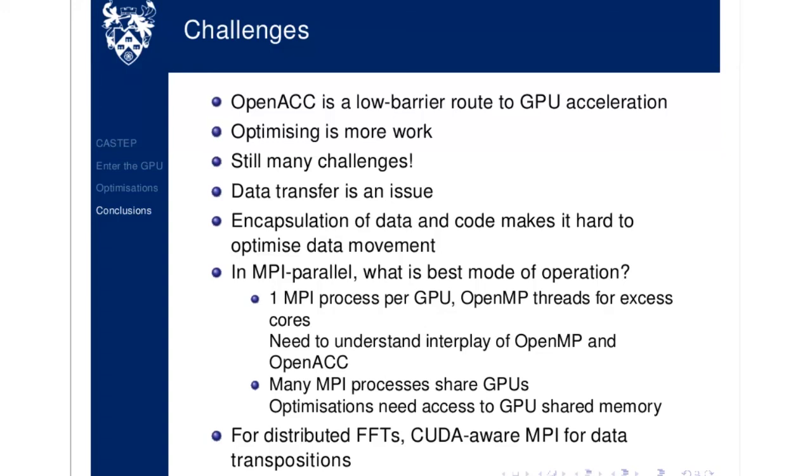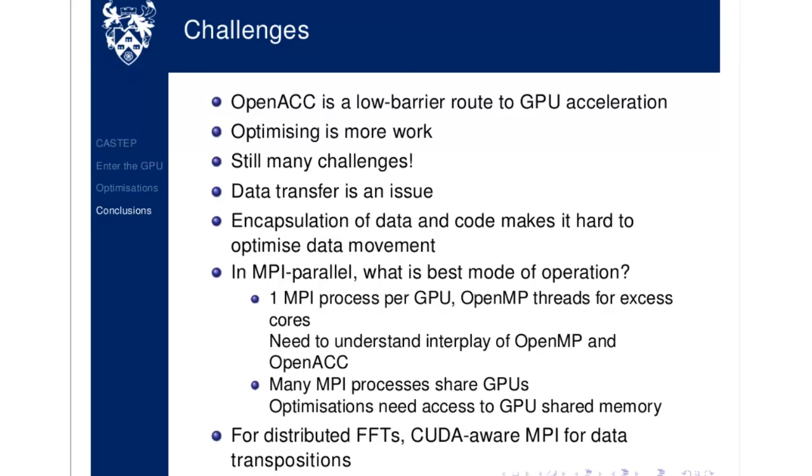And without adding a lot of metadata everywhere, it can be quite hard to track where was this array allocated. How are we passing it down? How do we know whether it's properly synchronized or not? So that's a challenge for us. But I think more widely, it's a challenge for us as a community to think, how do we maintain good software standards and the efficient use of OpenACC?